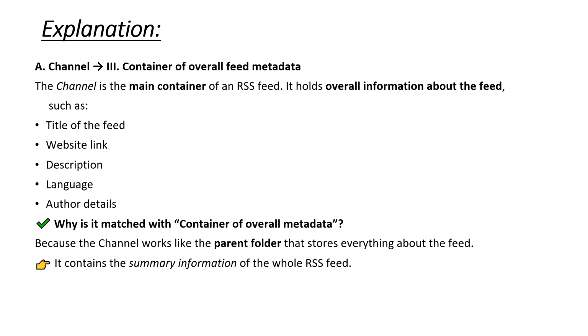Option A, channel, is the main container of an RSS feed. It holds overall information about the feed, such as title of the feed, website link, description, language, and author details. That's why it is matched with container of overall feed metadata, because the channel works like a parent folder that stores everything about the feed.